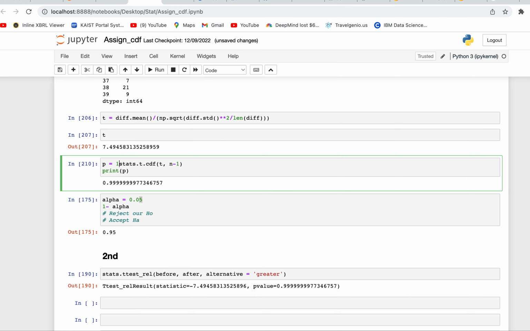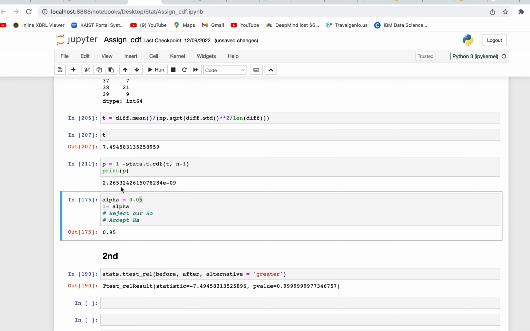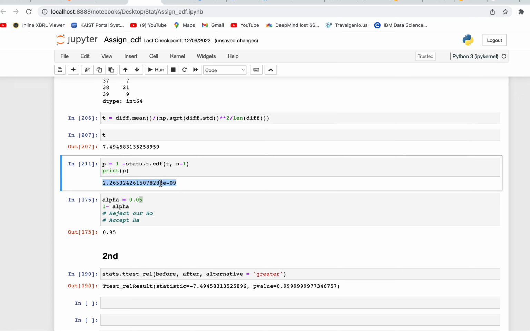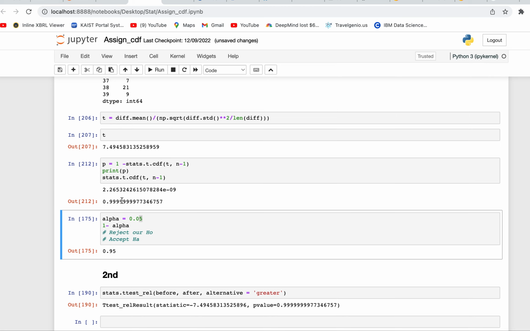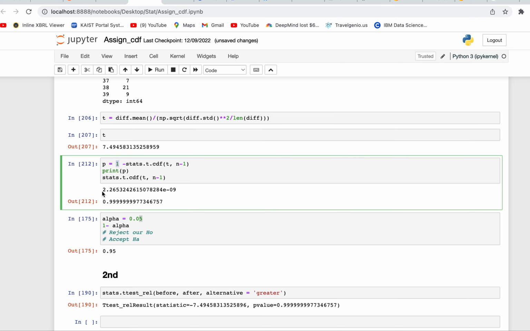So if we subtract this from 1, it gives us this value, which is very close to 0. Let me do this itself also, so both of these added together equal 1. This is the lower p, this is the higher p.